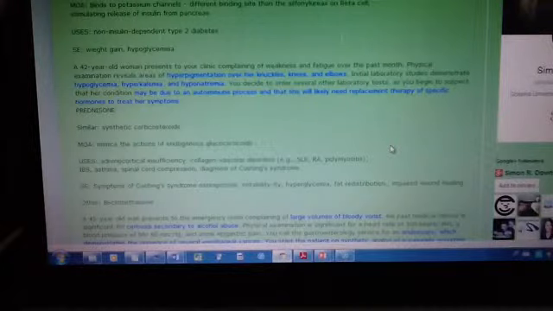So this mimics the actions of the endogenous glucocorticoids, and side effects are symptoms of Cushing's syndrome: osteoporosis, irritability, hyperglycemia, fat redistribution, and impaired wound healing. So some of the classic symptoms of Cushing's disease.